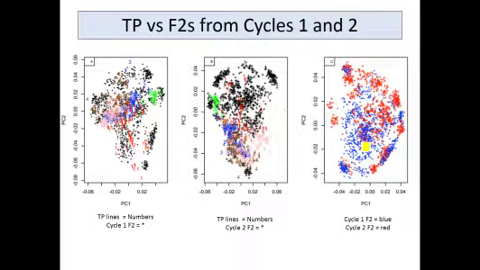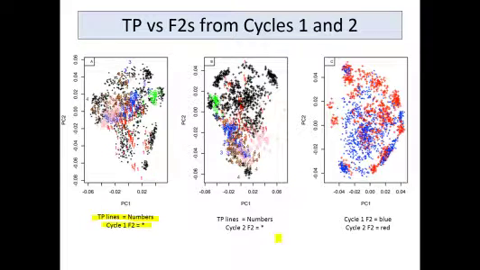We can also look at how the individuals in our cycles of genomic selection fill the genetic space that's also occupied by our training population. Here our training population lines are shown by numbers, which indicate their cluster, and the cycle 1 F2s are shown by asterisks.